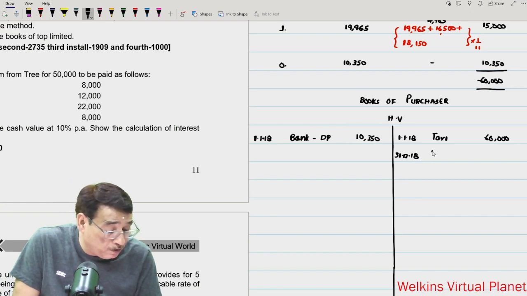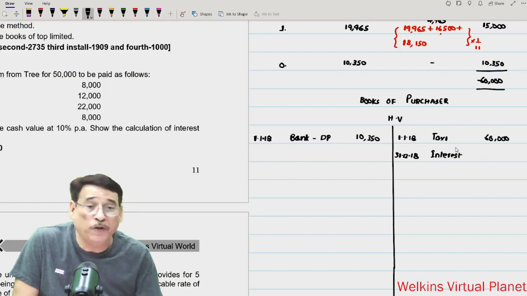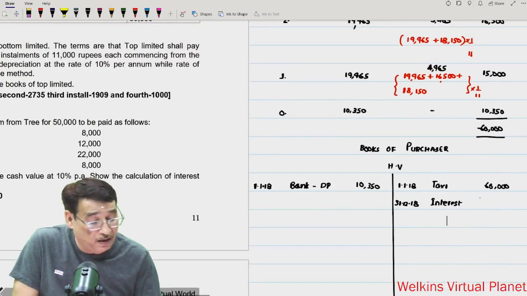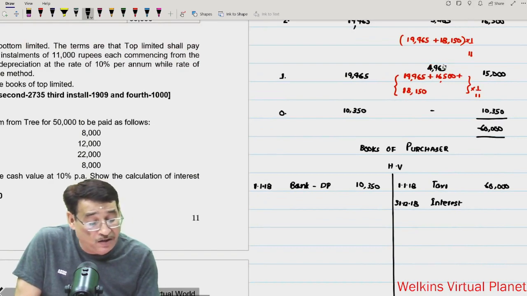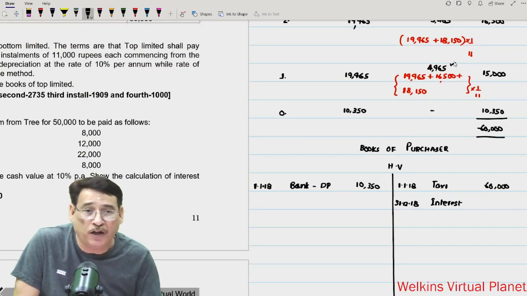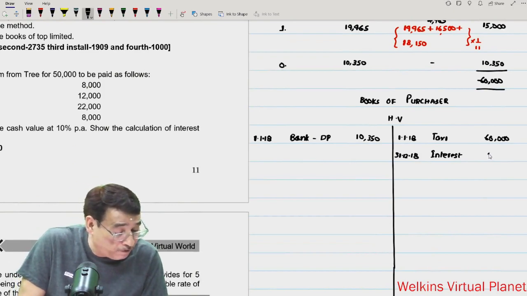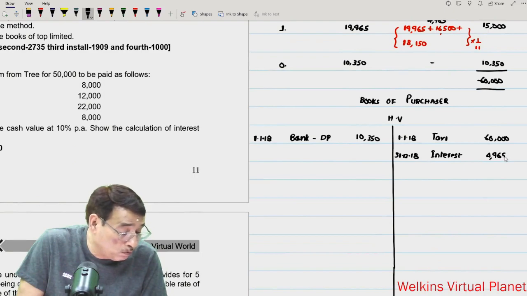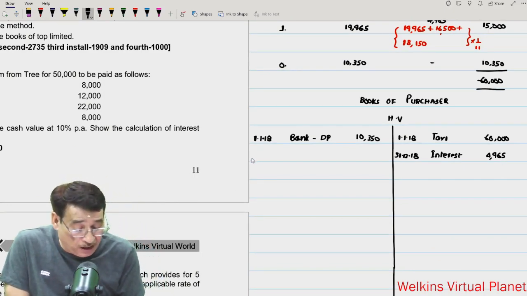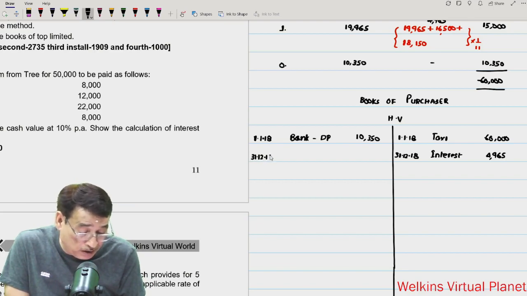Then we will reach the end of the first year, 31/12/2018. In the first year, we will make the interest due. Now you have to be careful in this particular case. Your interest actually in the first year is 4,965. Correct? And then you are going to make the first payment 31/12/2018.